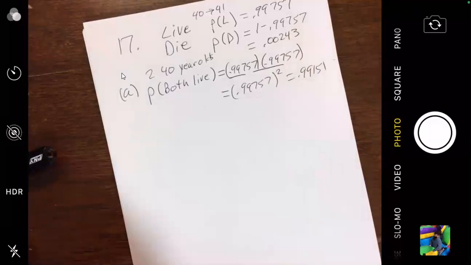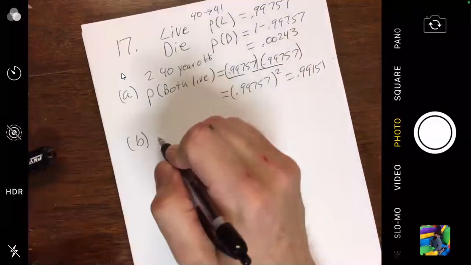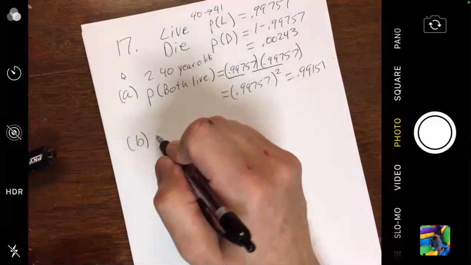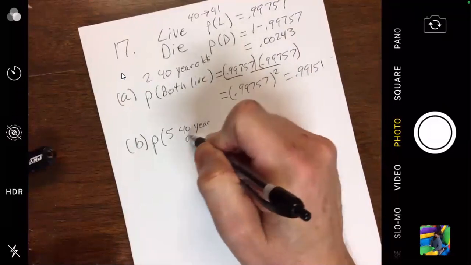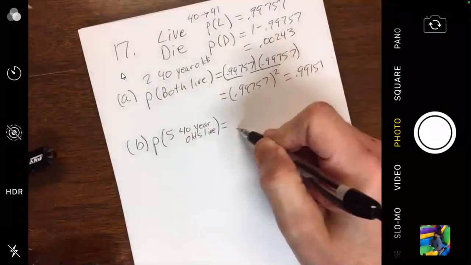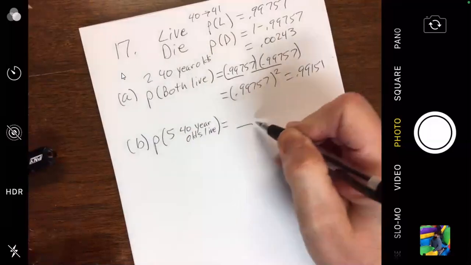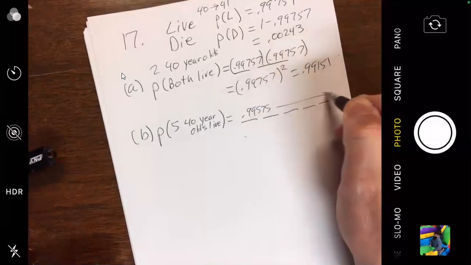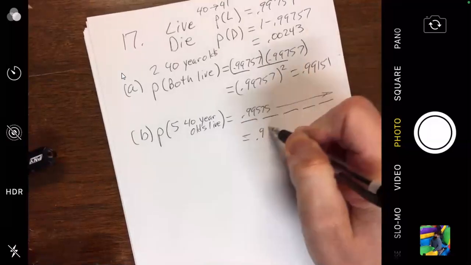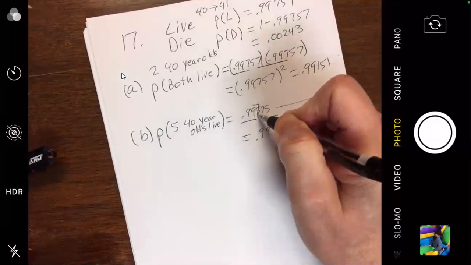Do you want to see the other parts? Yes, please. Okay. So B jumps it out to 5 40-year-olds live. Well, that's just going to extend it. 0.99757 in all the slots. Golly, it's 757, my fault.